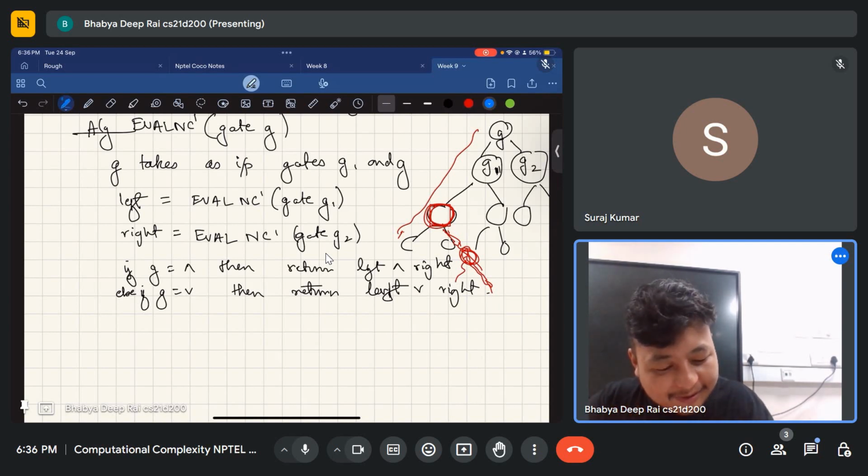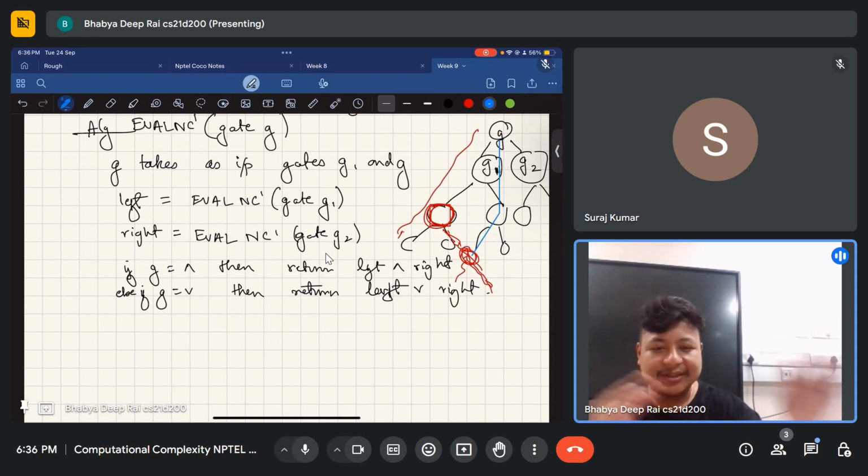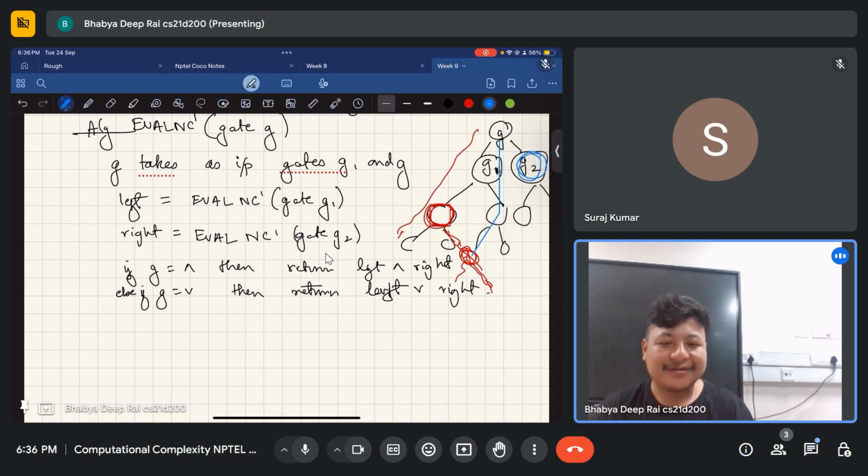When this DFS occurs, I'll look at the other path also. But the idea is that if I want to find the value of any gate, I'll recompute the entire process using this left-right business. If I want to find the value of G2, then I'll use the left-right business recursively, which means doing left-right business on G2 means that I need to recursively do the left-right business on this guy also, and so on and so forth.